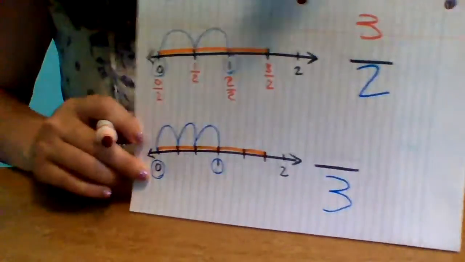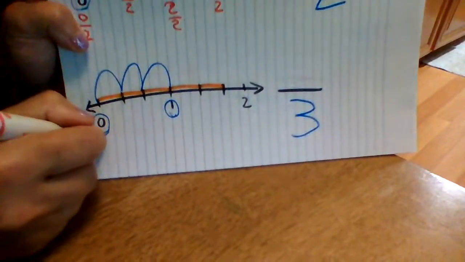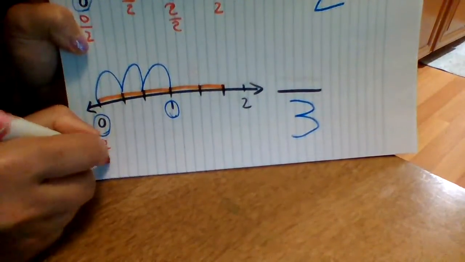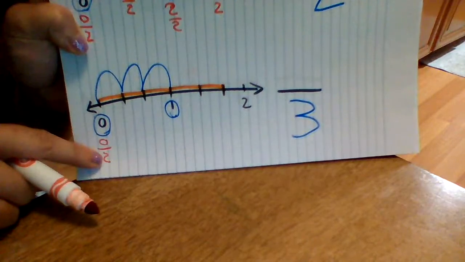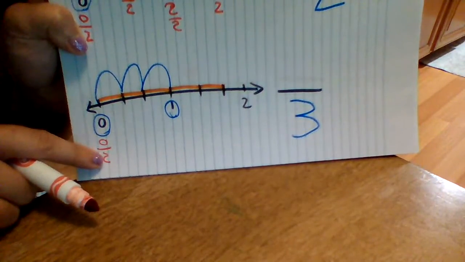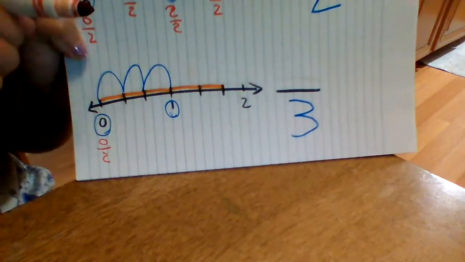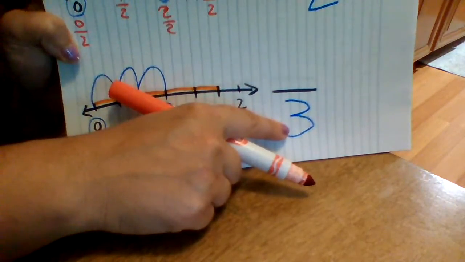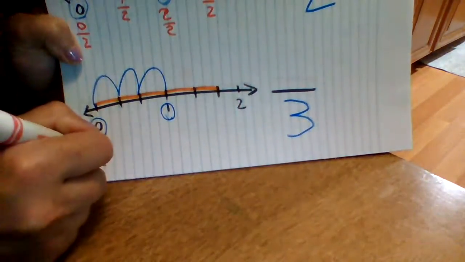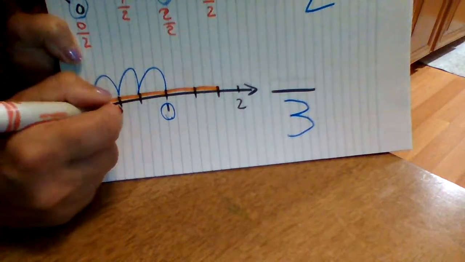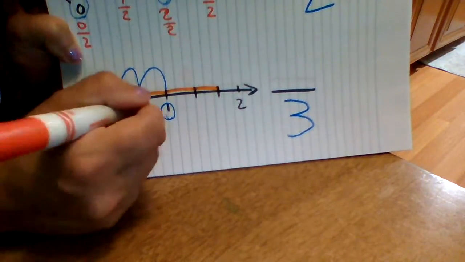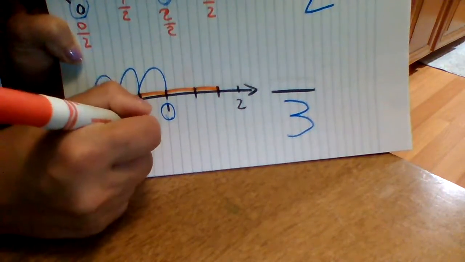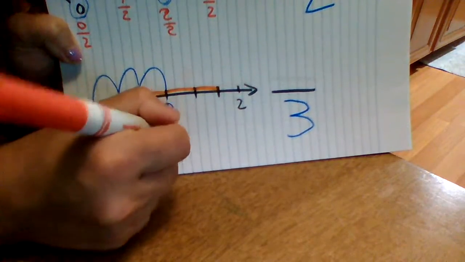Or we can go ahead and write the fractions underneath, which is a better way of doing this. 0 halves, no, wait. Is this correct? No, the last ones were halves. My new denominator is what? Thirds. 0 thirds, 1 third, 2 thirds, 3 thirds.